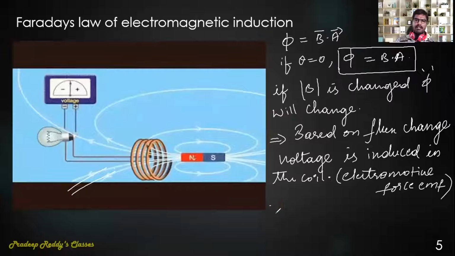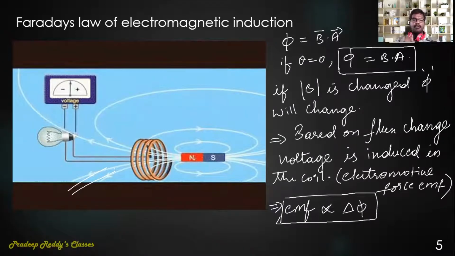Now clearly you can understand that if flux linked with the coil is changed more, then the voltage recorded in that voltmeter is increasing. If the flux linked with the coil is undergoing less change, then the voltage linked with that coil would be less. Therefore, clearly you can understand EMF developed in the coil is directly proportional to change in the flux.